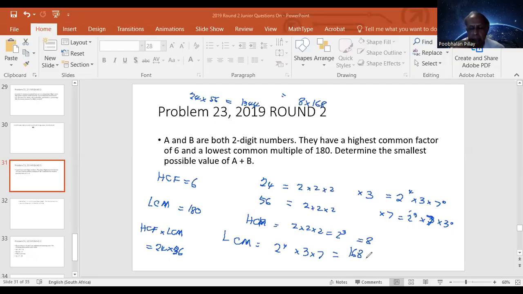That is your LCM times HCF. You get 1344. You can try it. So it always happens that the product of the HCF and the LCM is equal to the product of the original numbers. Now, why am I saying that? That fact is important in the solution of this problem.